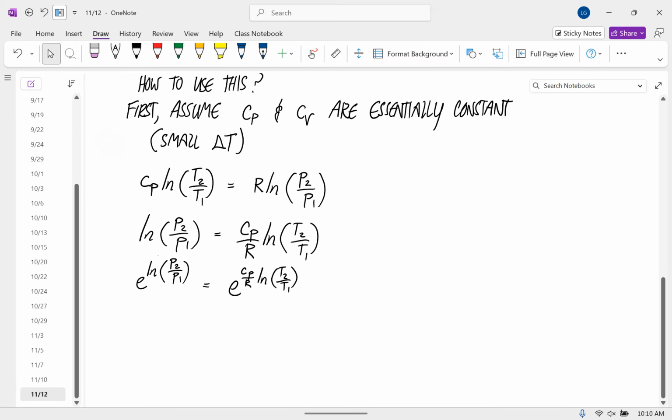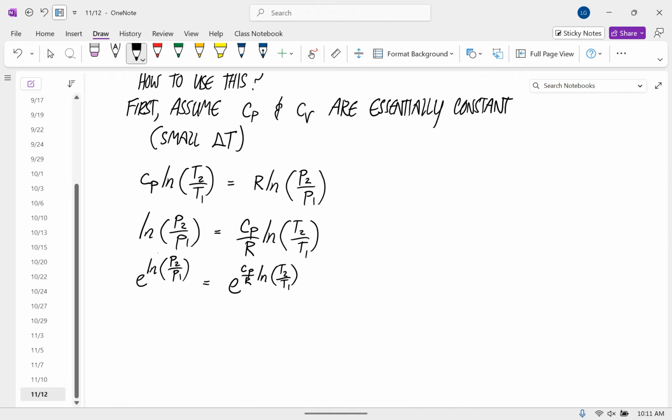So this is just P2 over P1. And if you go through all the algebra here, you get e to the power of Cp over R, natural log of T2, divided by e to the Cp over R, natural log of T1.